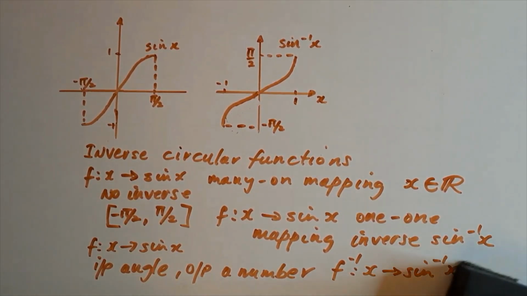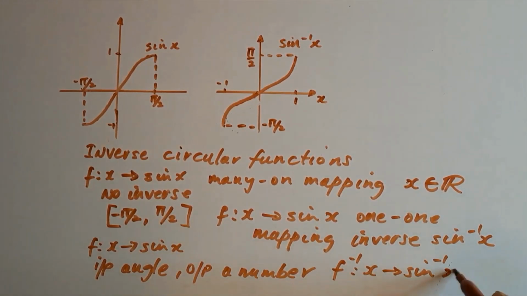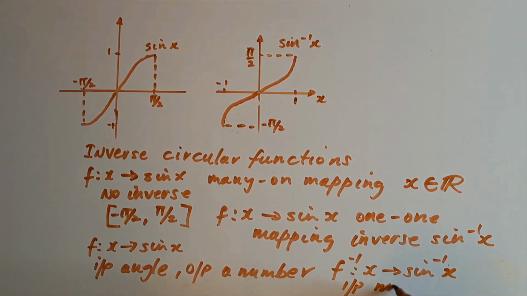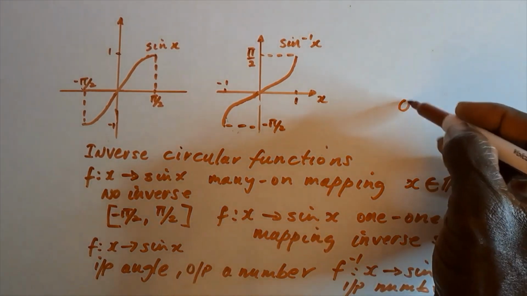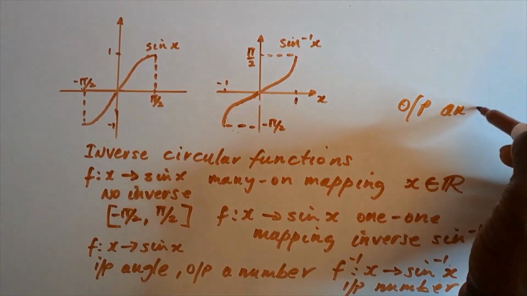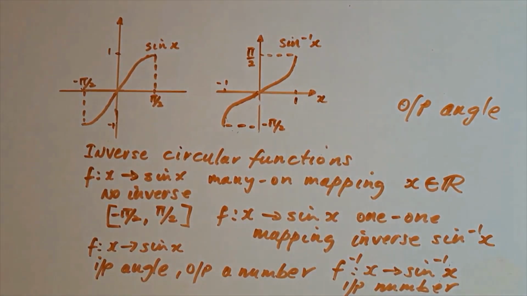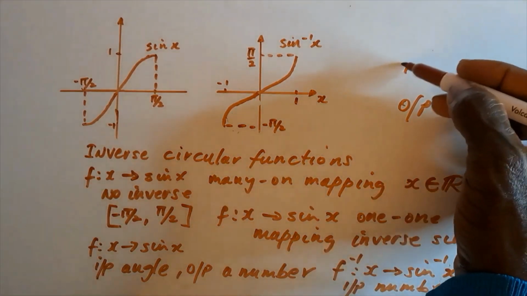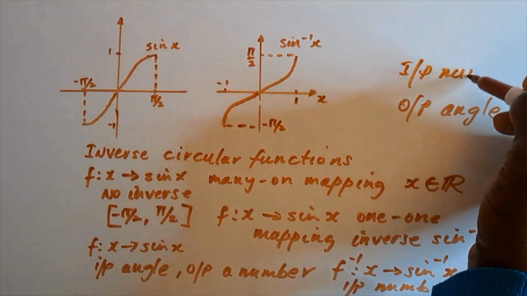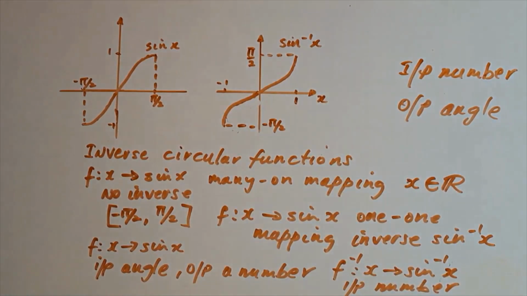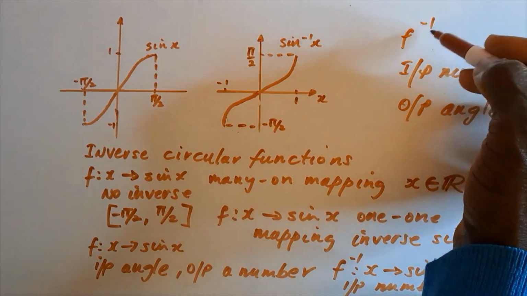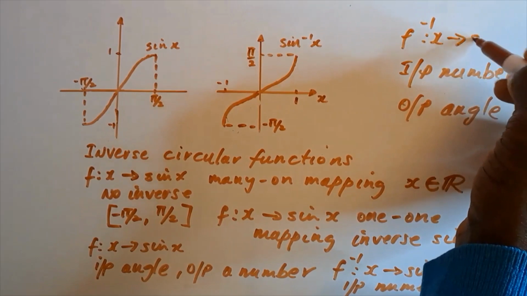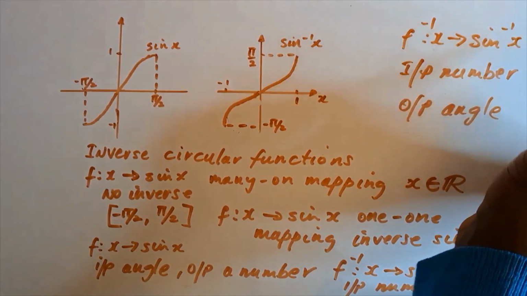So we have an input of a number. Let's just add x. So input is a number, and the output, let's write it up here, the output is an angle. Right, so input a number, and output an angle for f inverse, which maps x to sine inverse x.